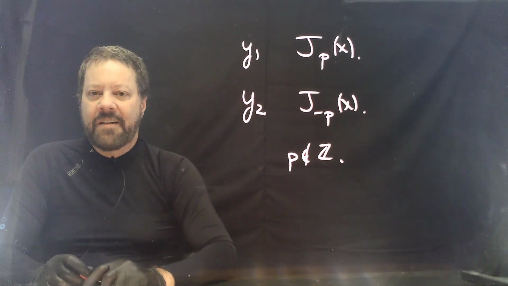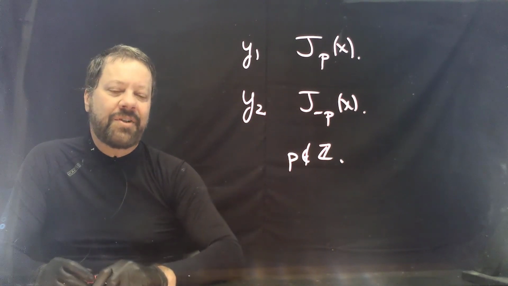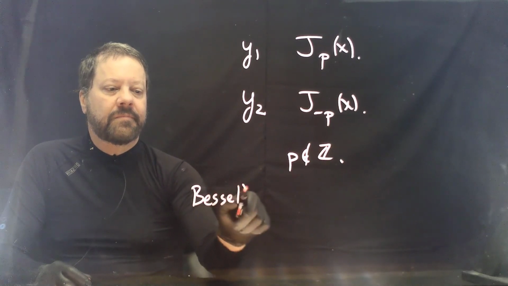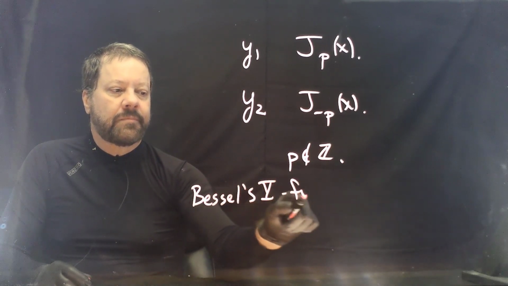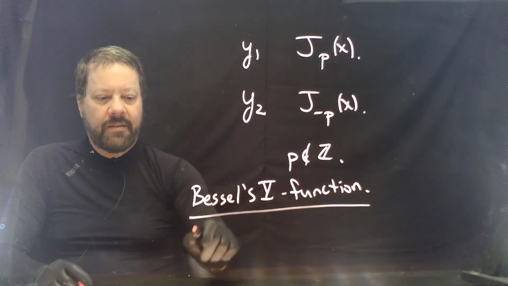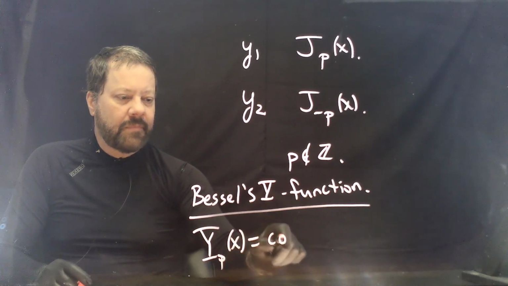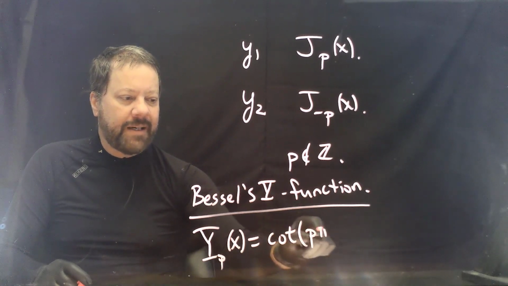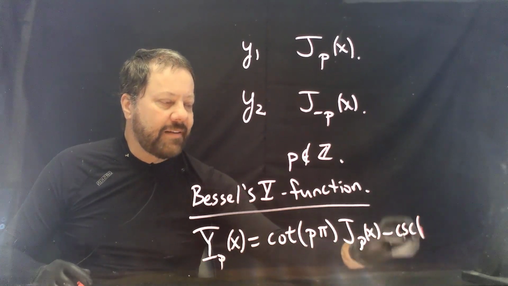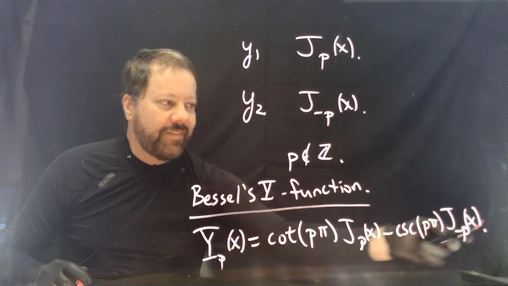However, there is another function that can be constructed as a linear combination of these two. It's called the Bessel's y. The Bessel's y function is the cotangent of p pi times jp of x minus the cosecant p pi times j minus p of x.